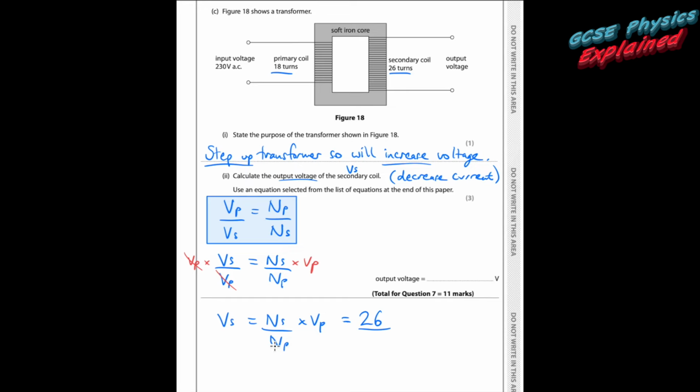Np is the number of turns on the primary, which is 18, and then just multiply it by the voltage on the primary, which was 230 volts, and that comes out as 332.2 recurring. So I'll just put that down as 332.